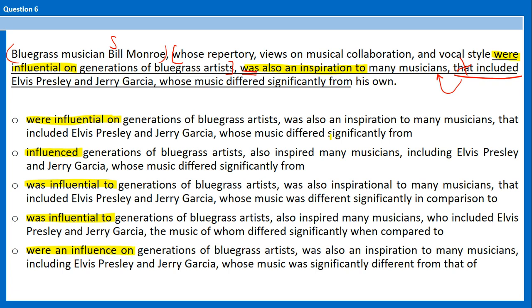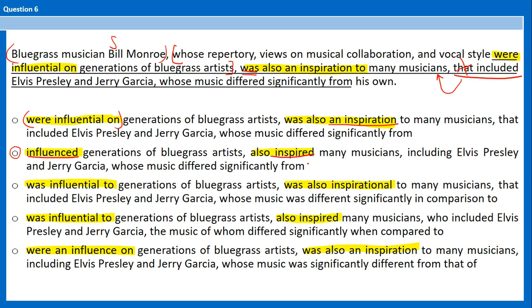Also in the end you have "was also an inspiration" versus "inspired," or "was also inspirational." If you notice, answer choice number 2 is more concise. It uses one word, "influence," rather than "were influential on," which is 3 words. It also uses the concise expression "inspired" rather than "was an inspiration."